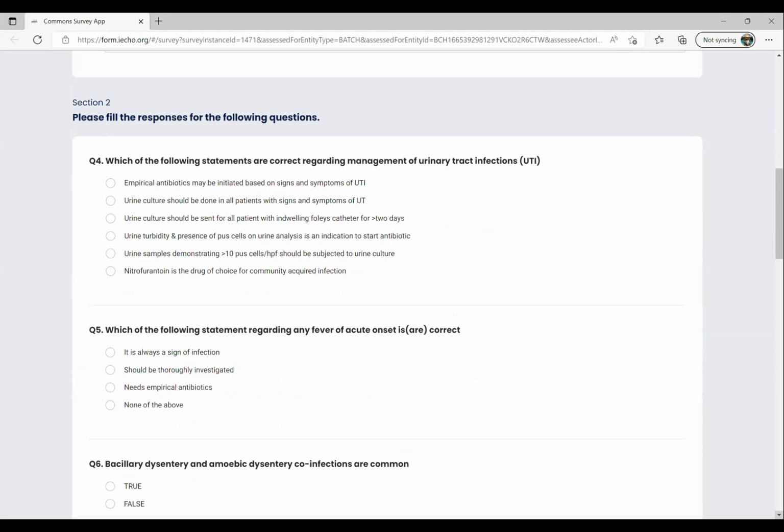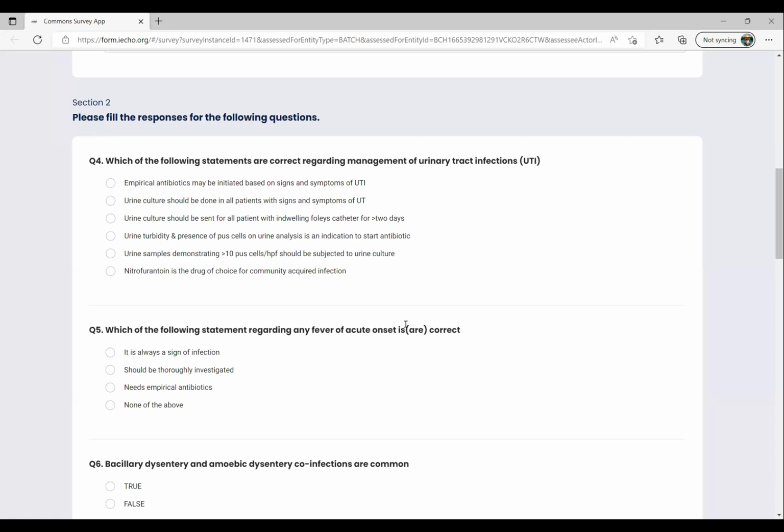This is uncomplicated lower urinary tract infection, especially in women. If a woman is symptomatic, it does not require any investigation. So the first choice is that you can start empirical antibiotics based on the signs and symptoms of UTI. You just need 3 days of treatment for this, and nitrofurantoin is a good choice for a community acquired infection in UTI.